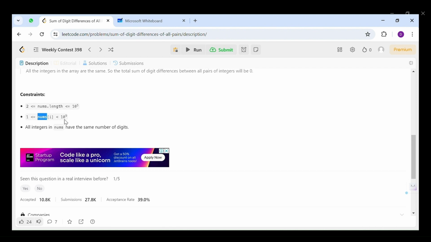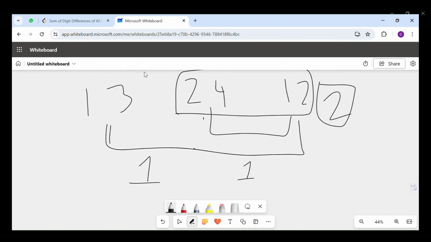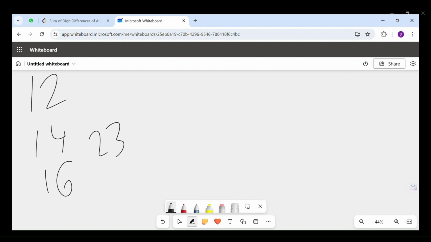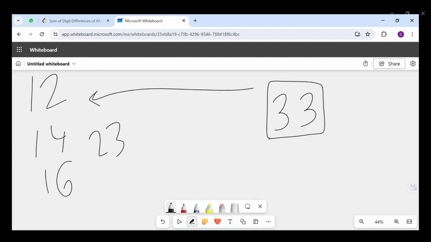Okay, now we can see the nums constant is 10 raised to 9, which means we will have at most 10 digits. So we will have to calculate for 10 places at max for each digit. So the idea is, now if we have to calculate the digit difference and we have these numbers already in the array 12, 14, 16, 23, and we have to calculate the digit difference for 33 with respect to all of these previous numbers.